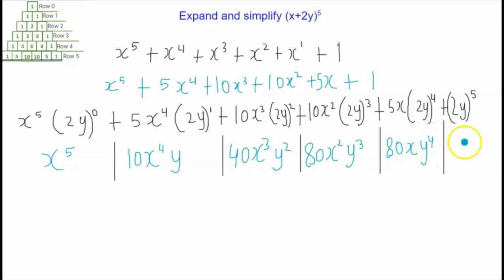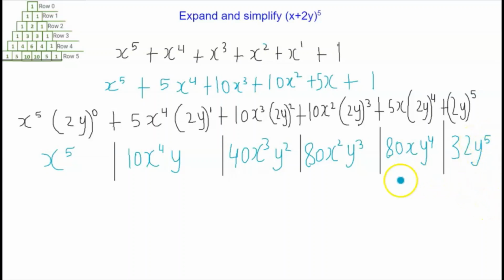And finally in this one it would just be 2y to the power of 5. Or you could write that as 32 y to the power of 5.